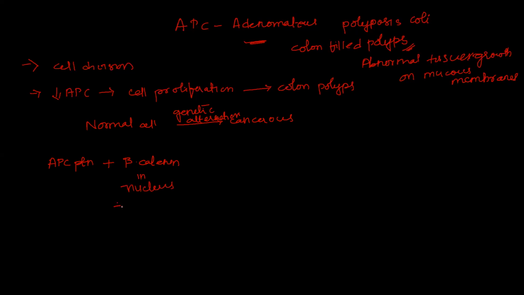It has a dual function: it is involved in regulation and coordination of cell to cell adhesion and gene transcription. So this APC protein is going to bind with beta catenin.